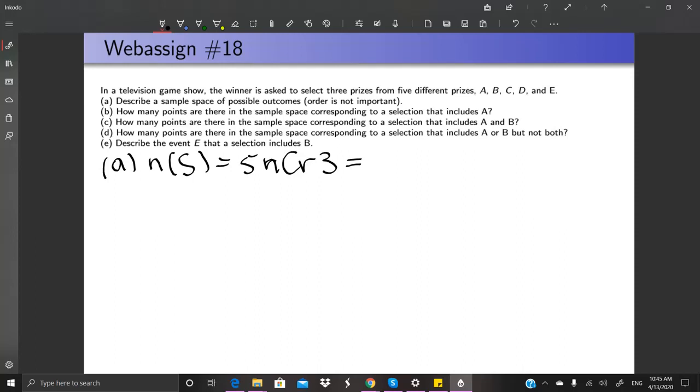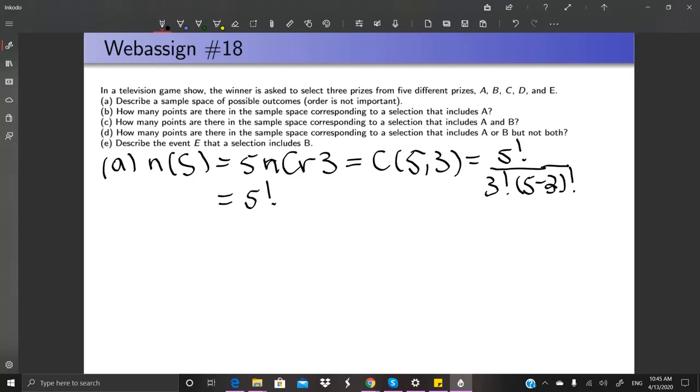There are a few ways you can do this. Either you just put it into your calculator, or the long way would be 5 factorial over 3 factorial times 5 minus 3 factorial, which is 5 factorial over 3 factorial times 2 factorial.